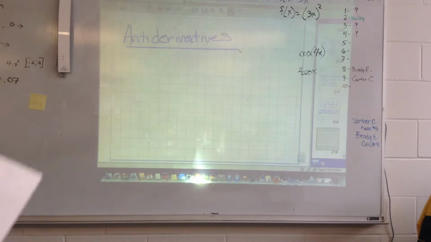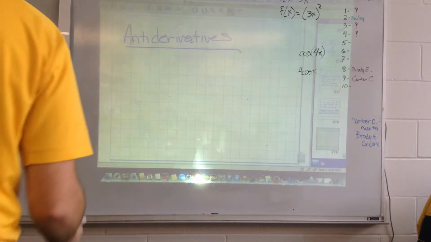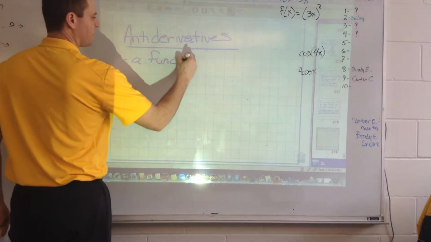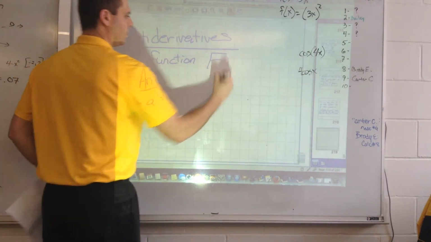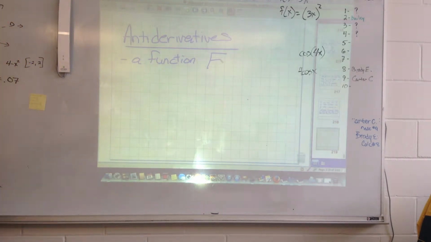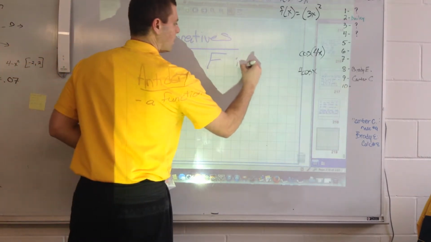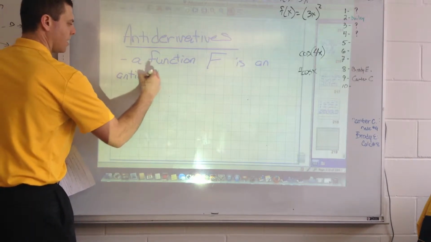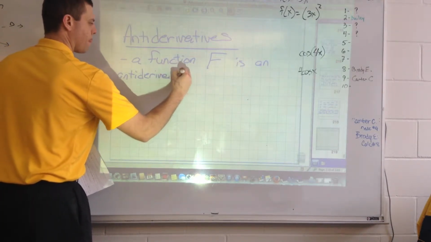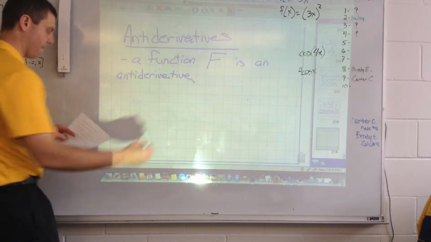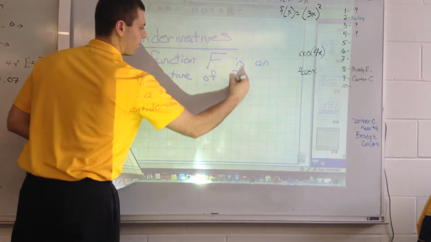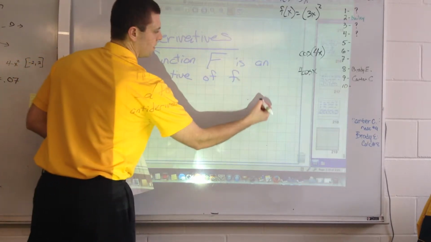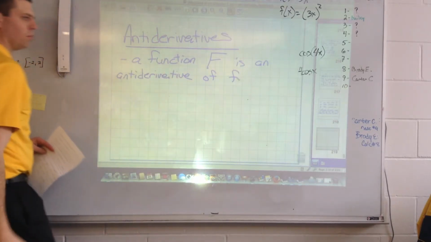Alright, antiderivative. Also known as what? A function, called capital F, is an antiderivative of F, and we'll give the textbook definition here.